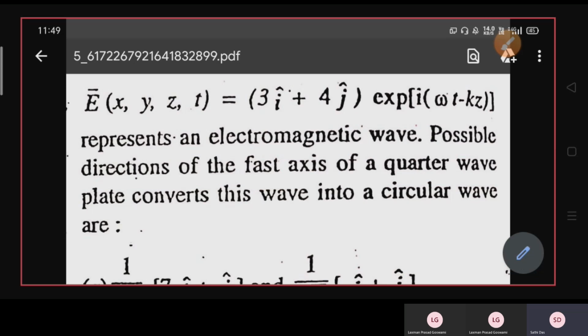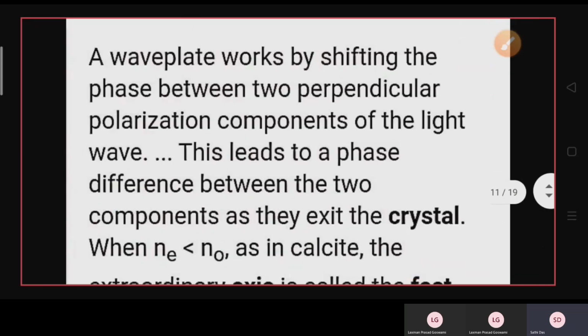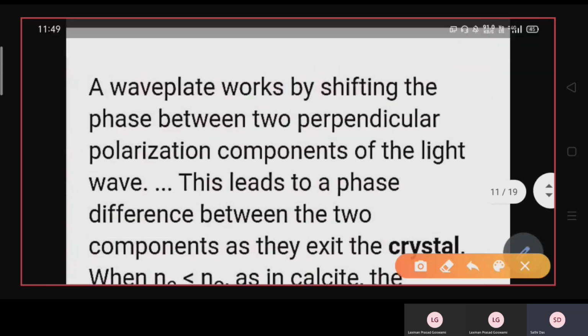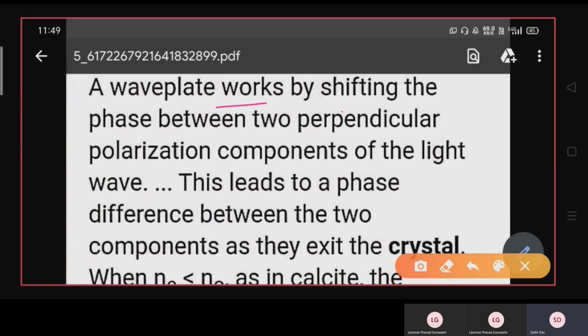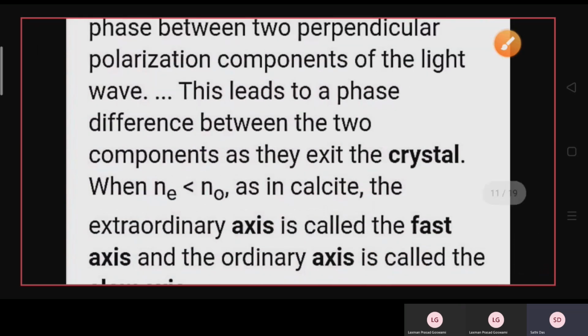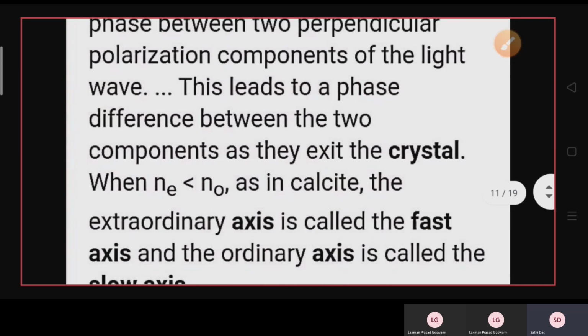Now, what is the meaning of a quarter wave plate? A quarter wave plate is a wave plate that works by shifting the phase between the two perpendicular polarization components of the light wave, and this leads to a phase difference between the two components as they exit the crystal.